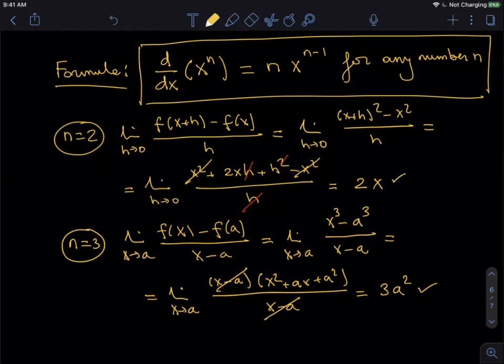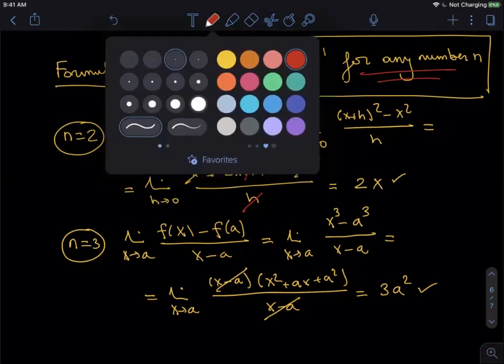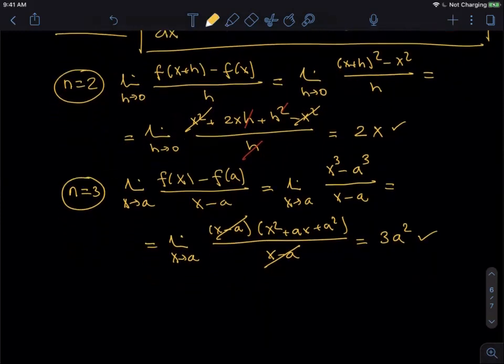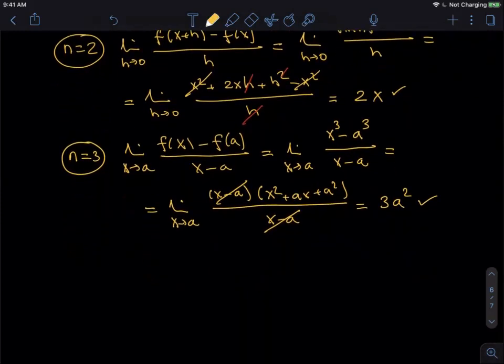Now, something very important. Here I said for any number. When I say for any number, I mean it. I don't mean an integer number or a whole number. I mean it can be positive, negative. So it doesn't matter. Let me write it down.